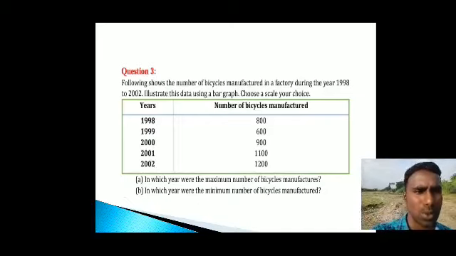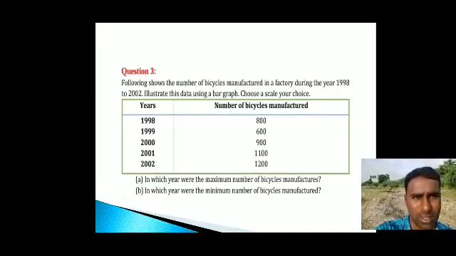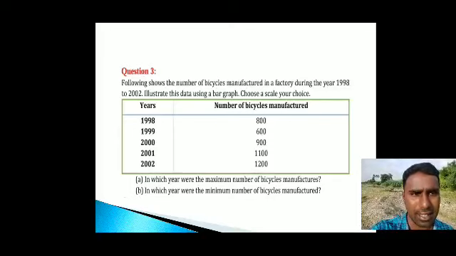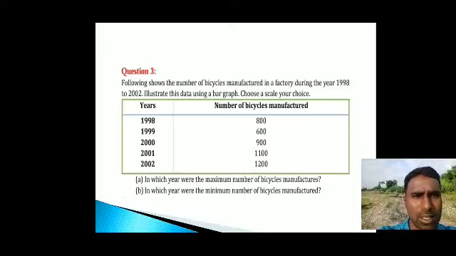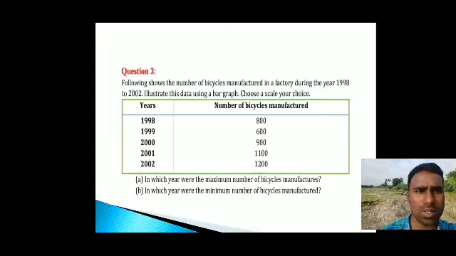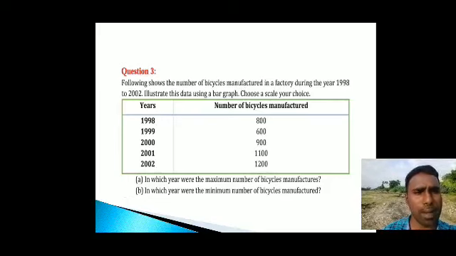In 1998, 800; 1999, 600; 2000, 900; 2001, 1100; 2002, 1200. In which year was the maximum number of bicycles manufactured, and in which year the minimum?